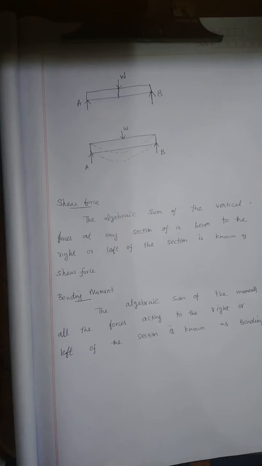That is what we call the shear force diagram. The bending moment diagram is the one which shows the variation of bending moment along the length of the beam. From that diagram you can see the amount of bending moment at a particular point of the beam. That can be viewed clearly in the bending moment diagram.